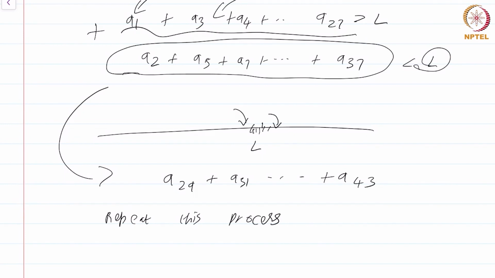Then you're just ping-ponging between the left side of L and the right side of L. Repeat this process till the series is exhausted. Technically you cannot do it because it's an infinite series, but this can be made precise. So you have found a rearrangement.